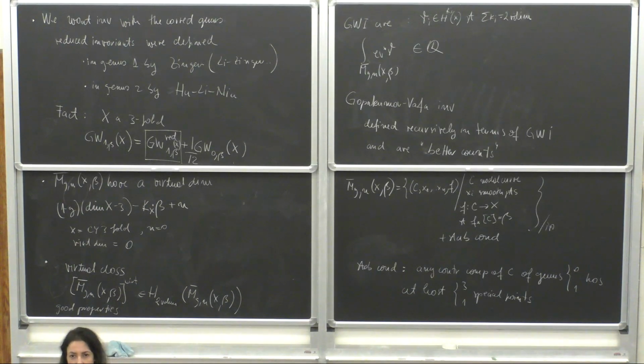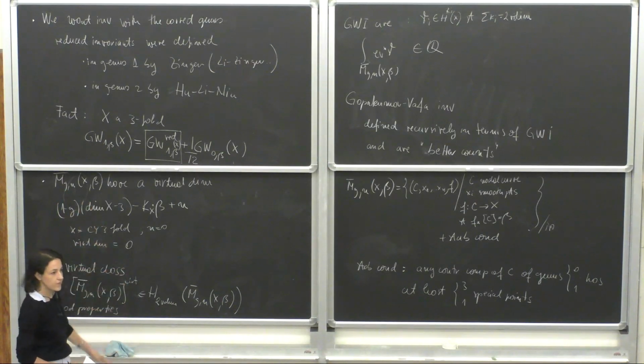Maybe there is a formula for any X, but it's complicated, because you don't just get invariants, you get some classes on the moduli space of maps. It's definitely something I cannot remember. It's a long thing.